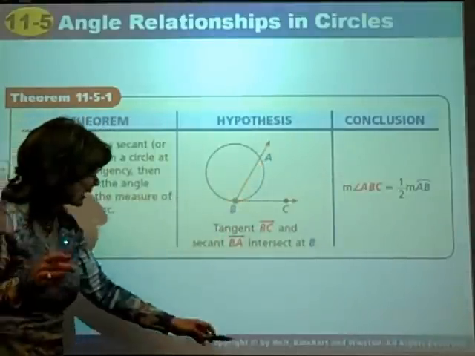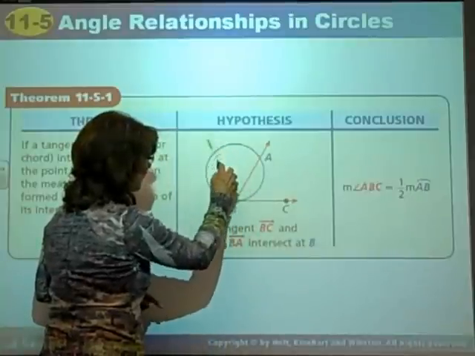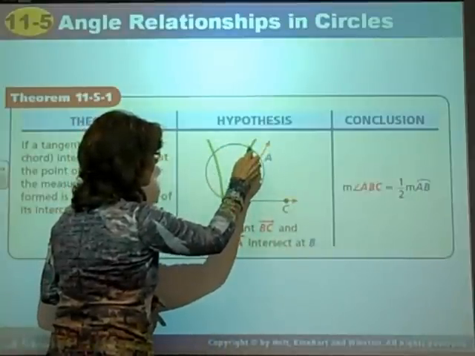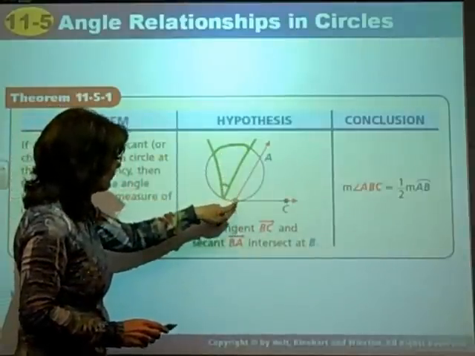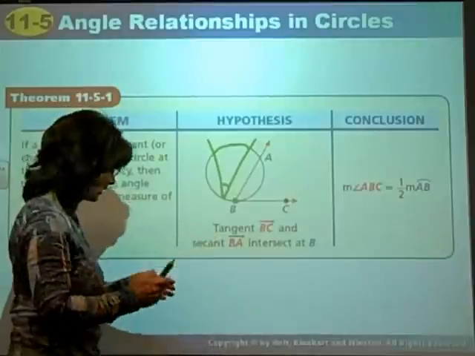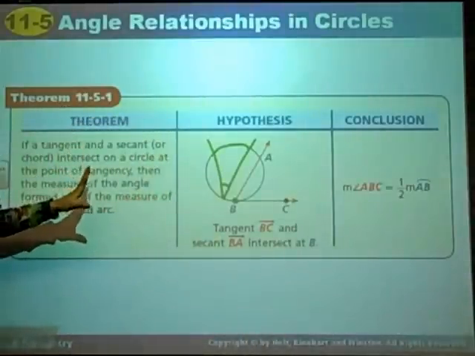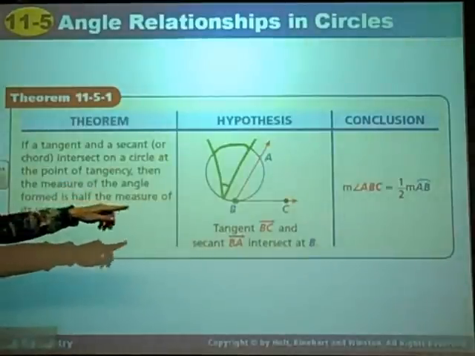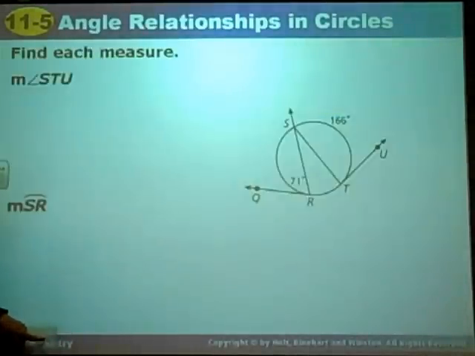Just like in the last lesson, when I told you this angle was half the arc, even if it's a tangent, the angle is still half the arc. So let's get it drawn in your notes and realize this angle is half the arc. It's still the same.